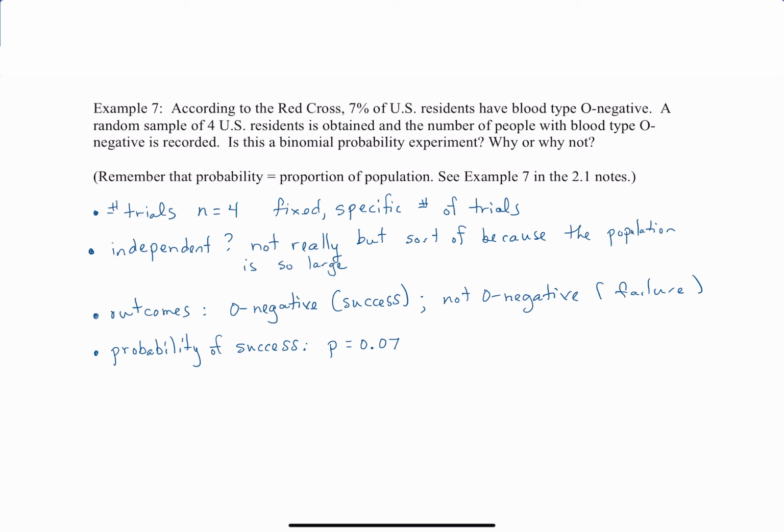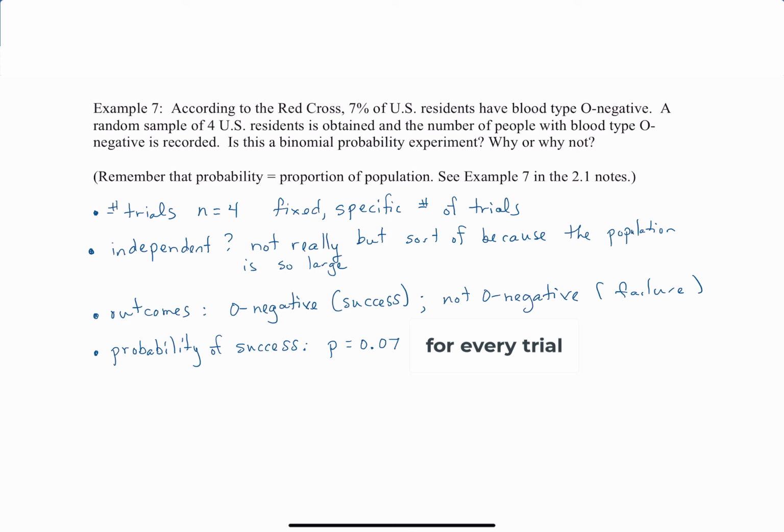Now that's the probability of success for the first trial. And as we discussed when we were talking about independence, every time you pull someone out of the population, that's going to slightly change the proportion in the remainder of the population, but it's going to change it so slightly that we're going to just say the probability is, yes, 7%, 0.07 for every trial.